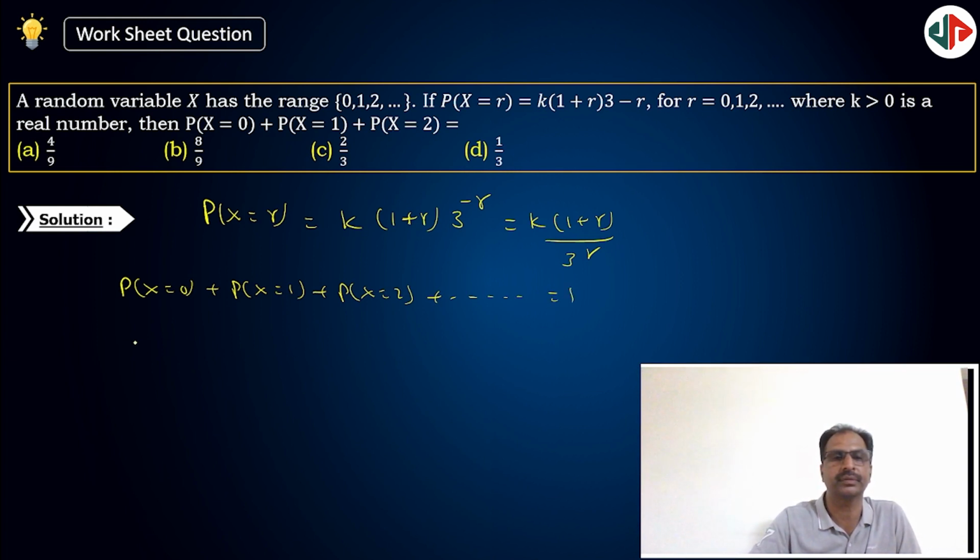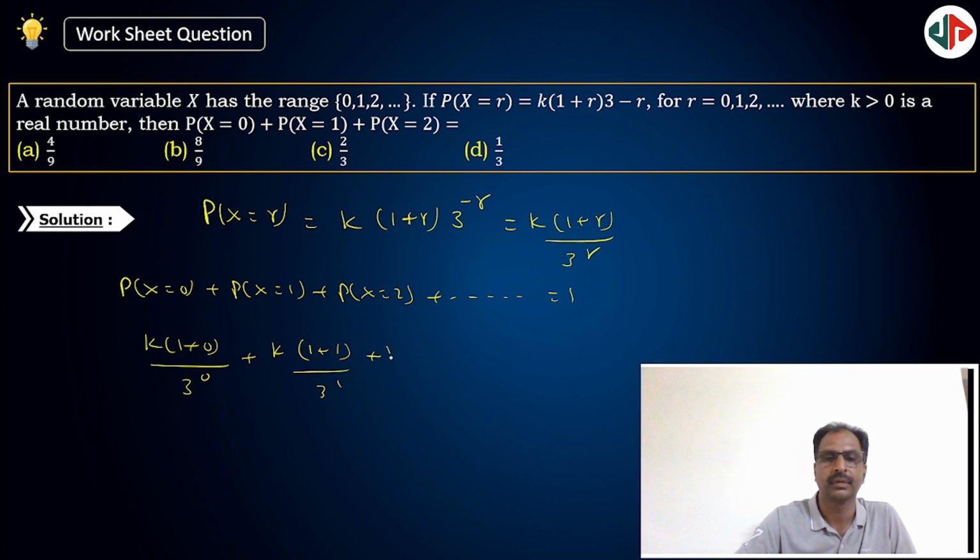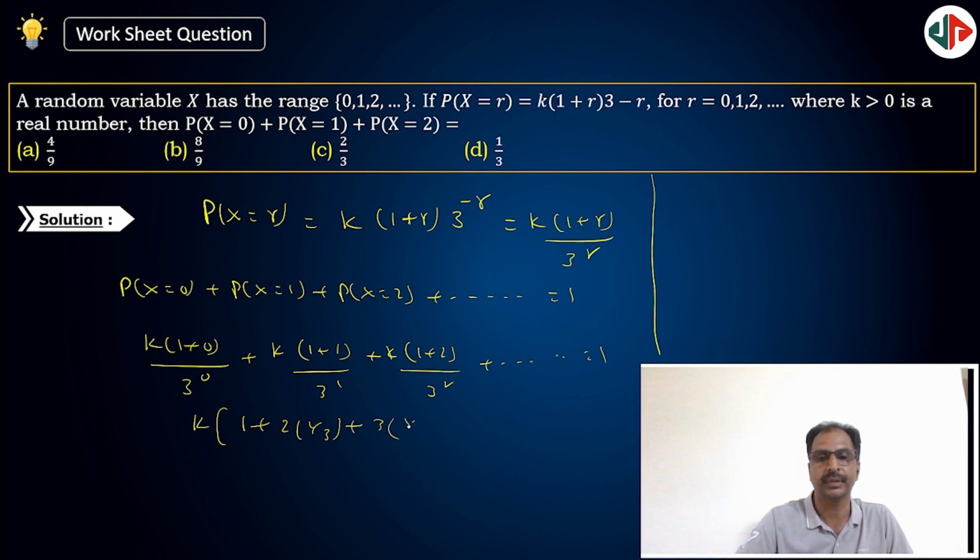What is P of x is equal to 0? Put r is equal to 0. P of x is equal to 1, put r is equal to 1. Put r is equal to 2. Simplify this. Take k common. Then you get 1 plus 2 into 1 by 3, 3 into 1 by 3 whole square, plus so on.